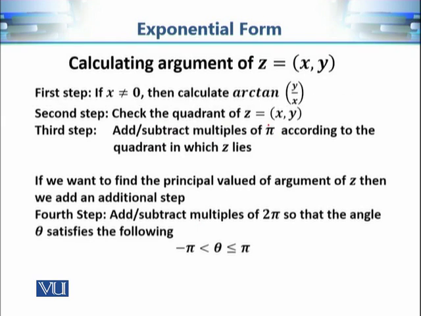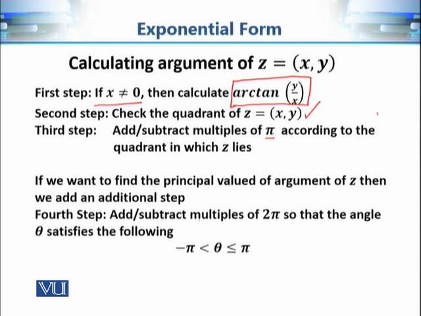Now, based on these observations, we can state the following steps to find out the coordinate theta for a complex number. Now, in the first step, we see that if x is not equal to 0, then we first calculate what is tan inverse y over x. And since the period of tan is pi, we check the quadrant of this complex number and we find the angle by adding or subtracting multiples of pi.